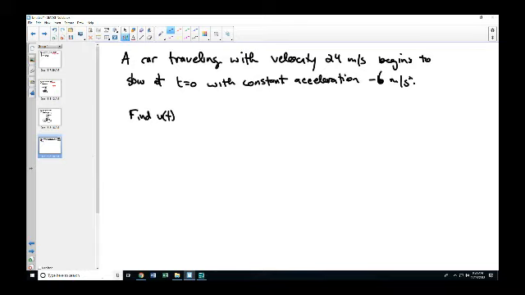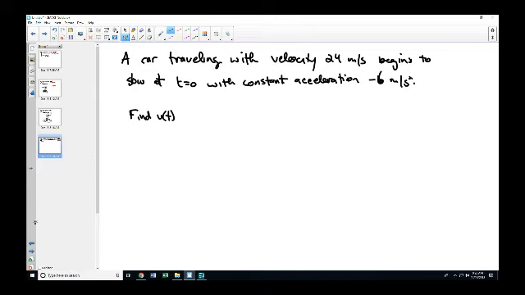Velocity is 24 at time 0, and the constant acceleration of negative 6 meters per second squared. Where are we going to start? What do they ask for? The velocity function. Do we have enough information just to write that function? Guessing not. No, we don't.